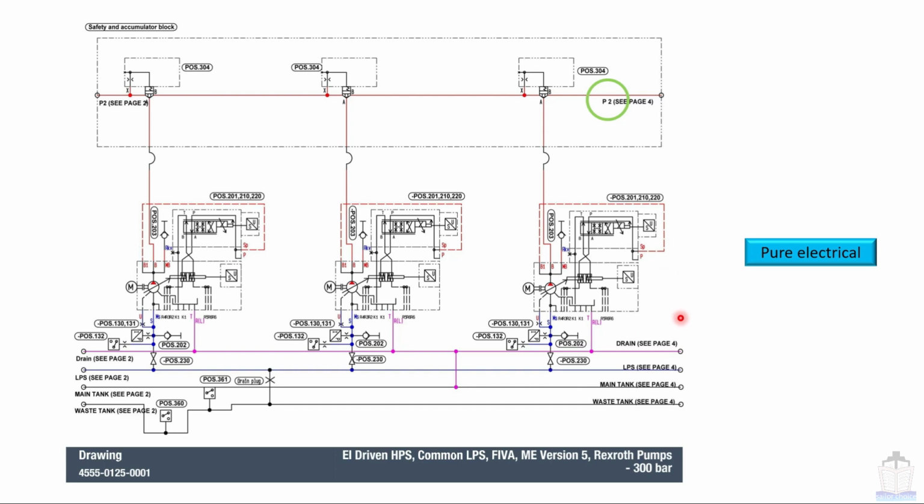Now here I want to emphasize one point: all proportional type swash plate pumps need feedback from the outlet line in order to function properly. For example, in this system, this arrow denotes that this swash plate pump is of proportional type, meaning it requires feedback to function properly.